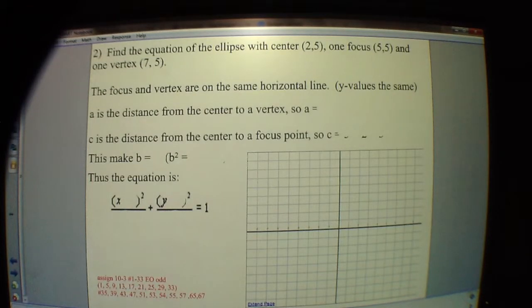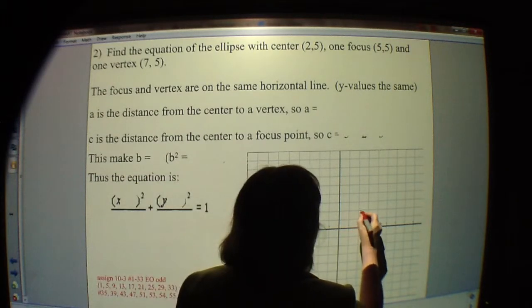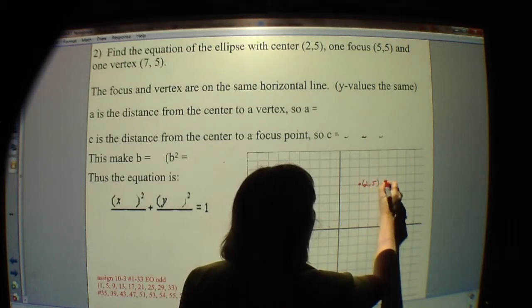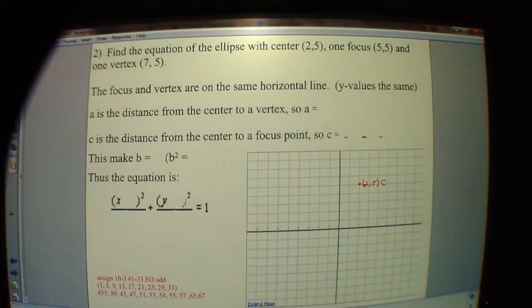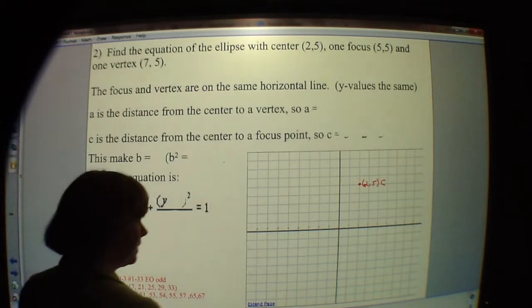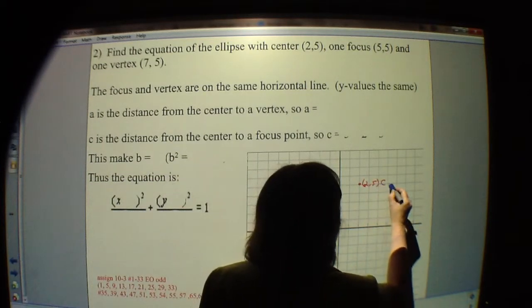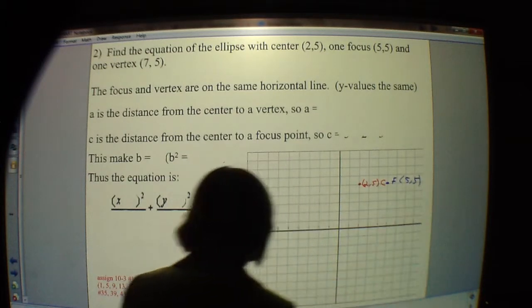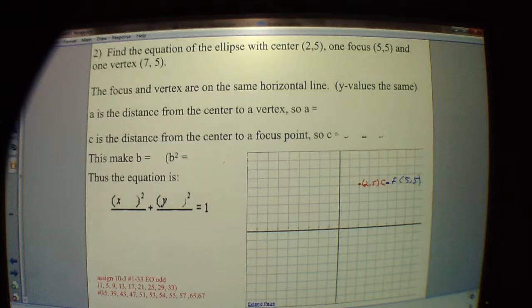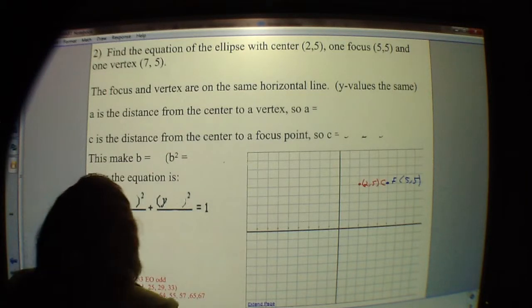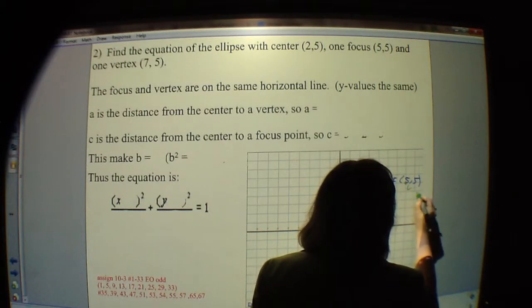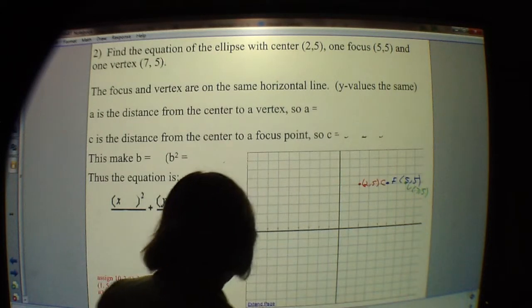Find the equation of the ellipse with a center of 2, 5. So my center is 2, 5. One focus is 5, 5. And one vertex is 7, 5. Okay?